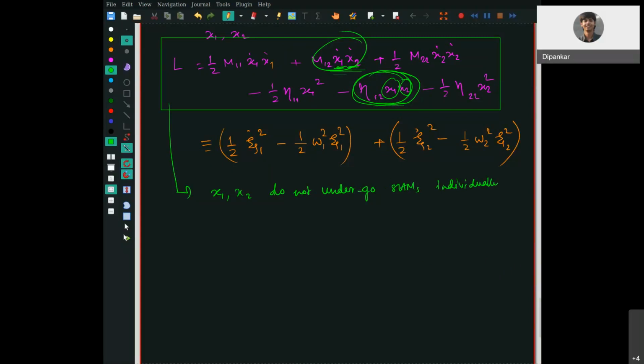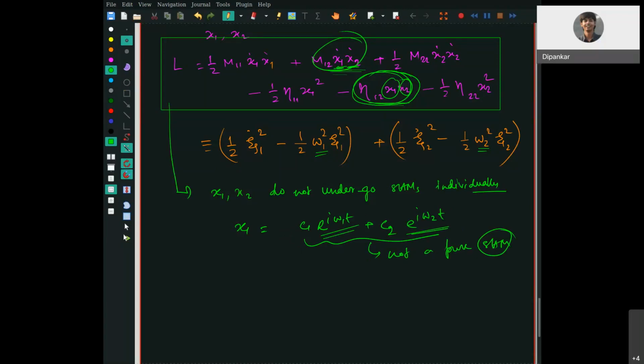They are basically linear combinations of the two. Suppose there are two different frequencies, then the solution of x1 would be, let's say, c1 times e to the power i omega 1 t plus c2 times e to the power i omega 2 t. So you see, this is not a pure SHM. It is a superposition of two SHMs.